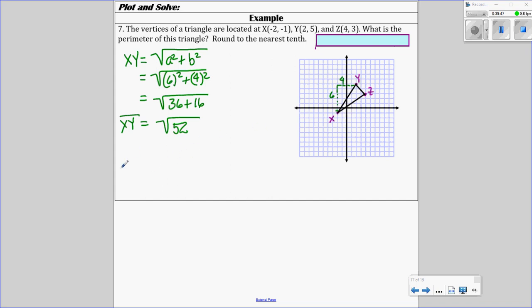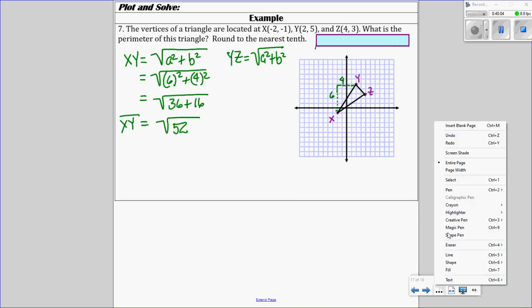So that's for xy. For the next one, yz, again, I'm going to use the Pythagorean Theorem. This represents my distance. Use the rise over run. Should have used another color. Whatever. Let's not make it ridiculous.